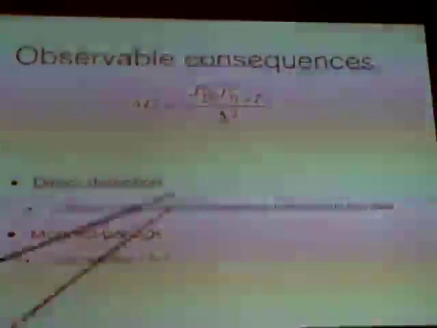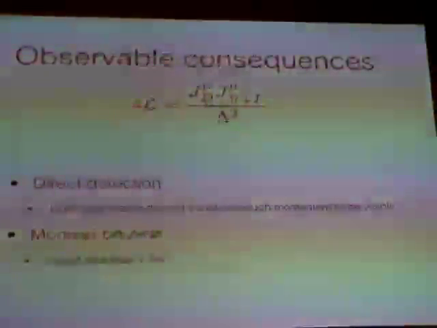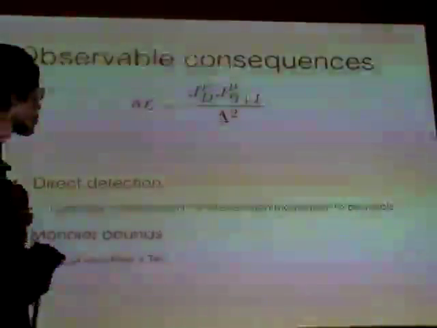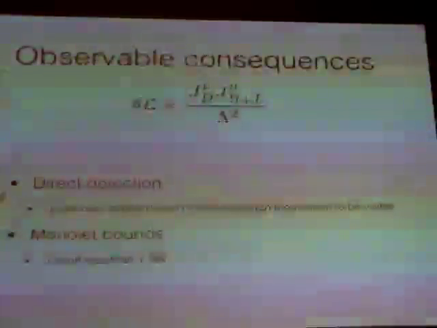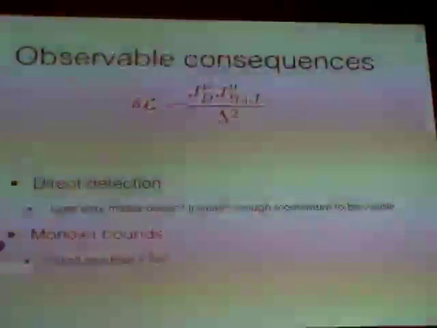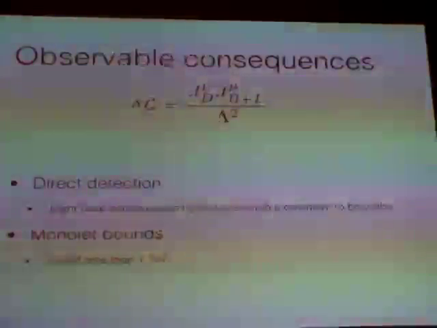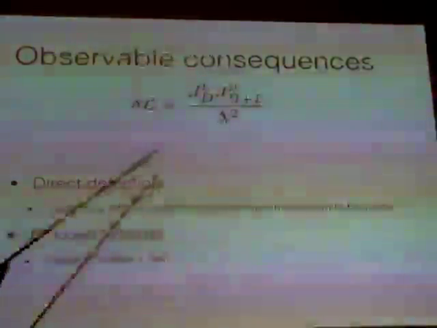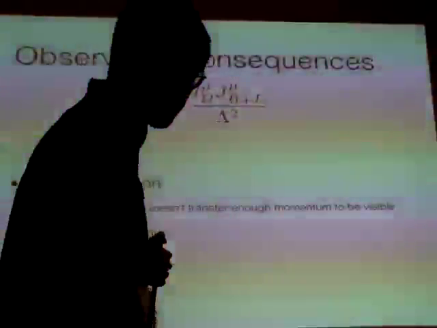This means that the cutoff has to be larger than about a TeV. This is also direct detection, right? Because it describes dark matter particles scattering off of baryons, protons. And so what it turns out is, if you look back here, that this is of the GeV scale. Once you make the dark matter lighter than a few GeV, then it doesn't leave enough recoil energy. And so it's actually not constrained by direct detection very well.